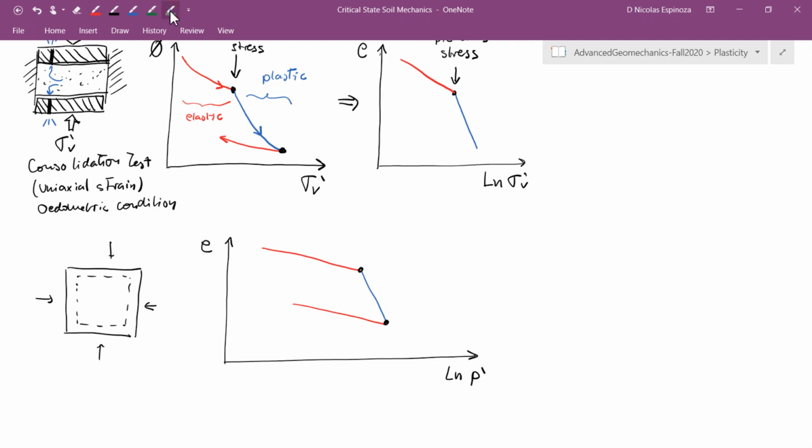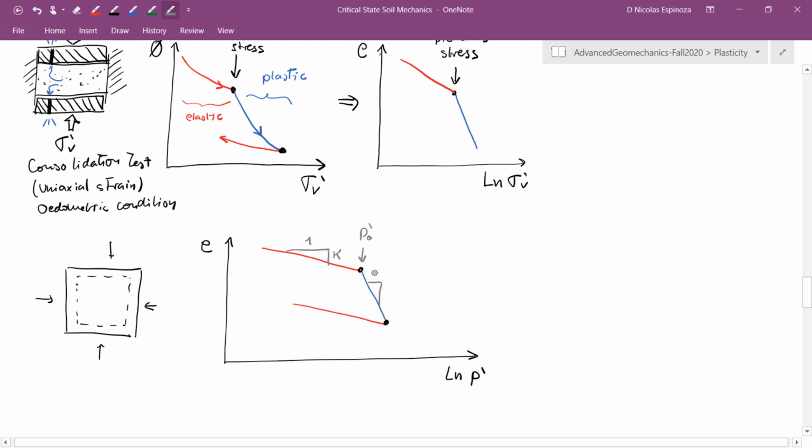For example, from the elastic loading section, I can get the slope of this line, and it's going to be characterized by that slope kappa. Remember that this is during loading. Here, I'm going to have the pre-consolidation stress that is P naught prime.